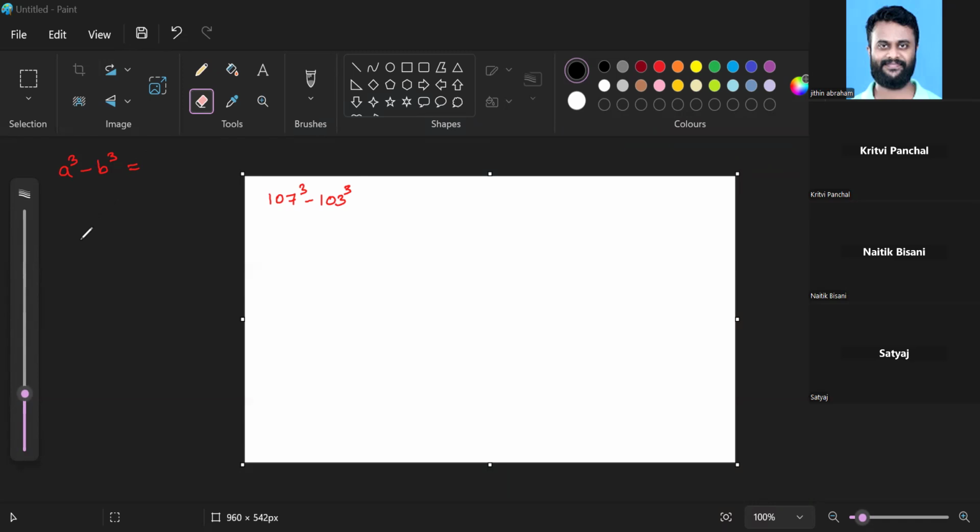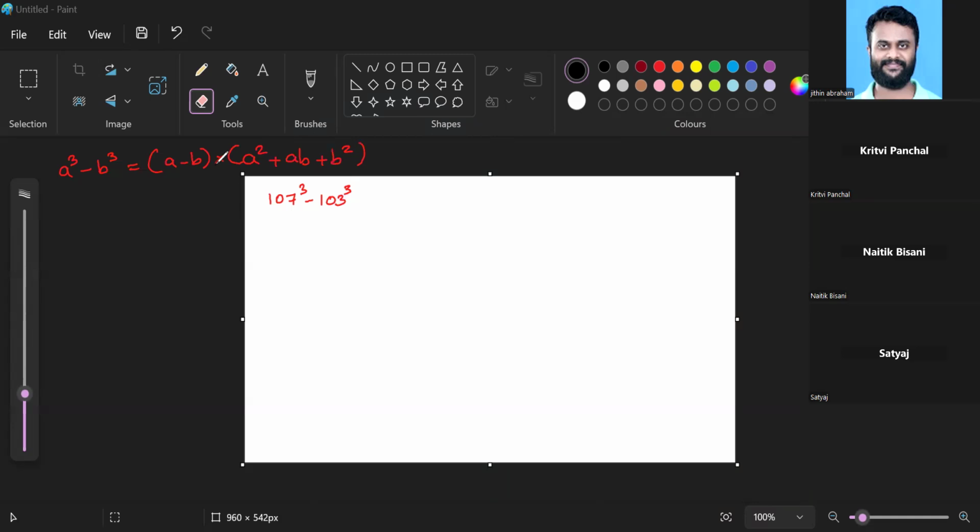That is definitely one method. A better and simpler method is a minus b multiplied by a square plus ab plus b square. This is your formula. You will have to remember this.